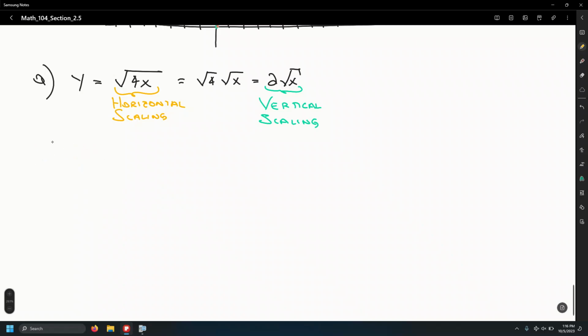More properly, to graph the square root of 4x, in this case we will divide the x coordinates of y equals the square root of x.